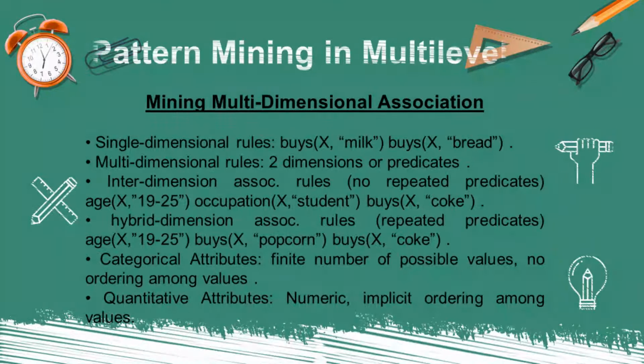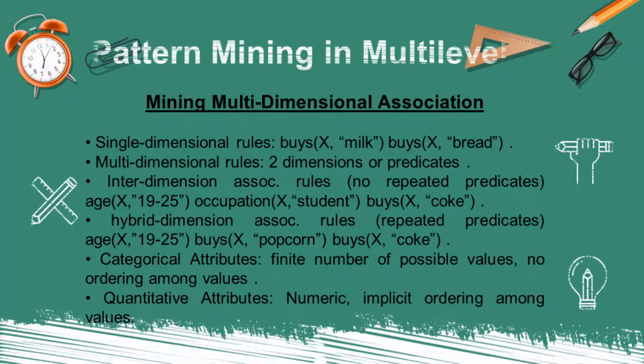Mining multidimensional association. We have single dimensional rules, multi-dimensional rules, interdimension association rules, hybrid dimension association rules, categorical attributes, and quantitative attributes. So in single dimensional rules, buys X and milk, buys X and bread. Multi-dimensional rules, 2 dimensions or predicates.